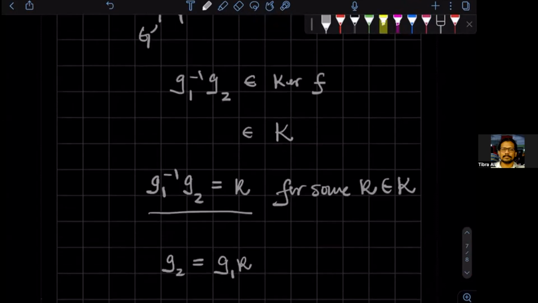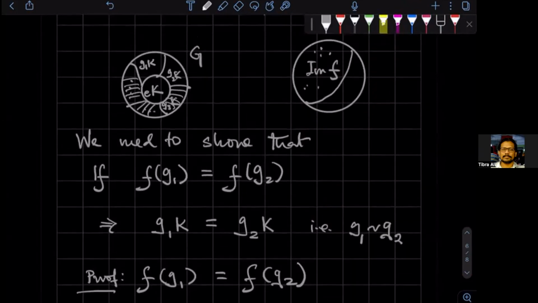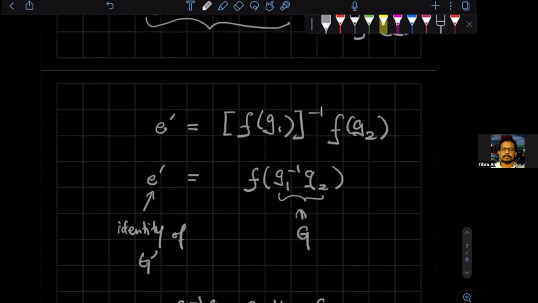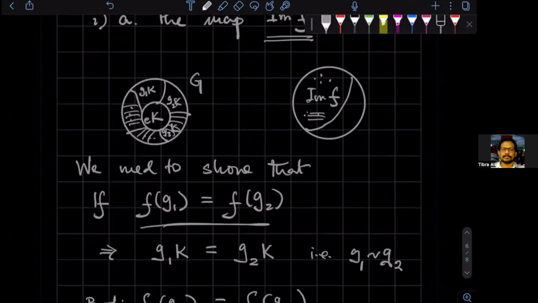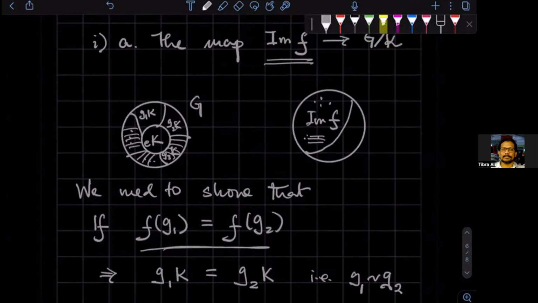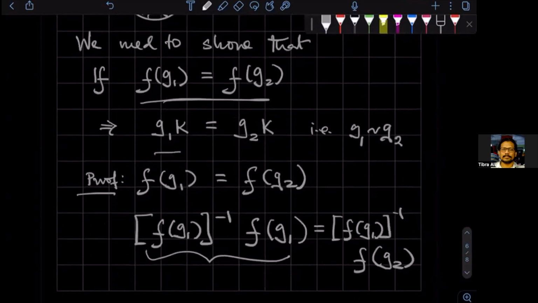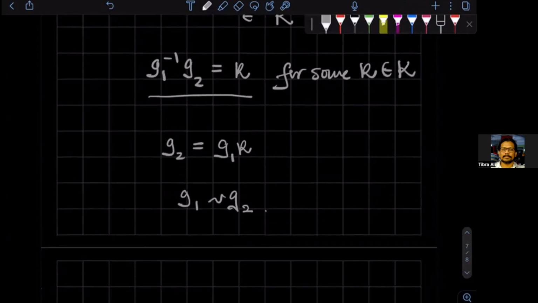All right, so what we have shown is that if two elements are equal over here, then they map to the same element in the coset space under this map. Okay, is it clear?